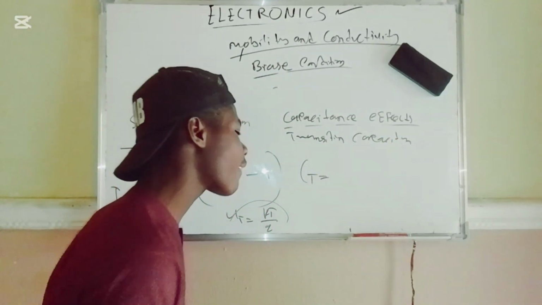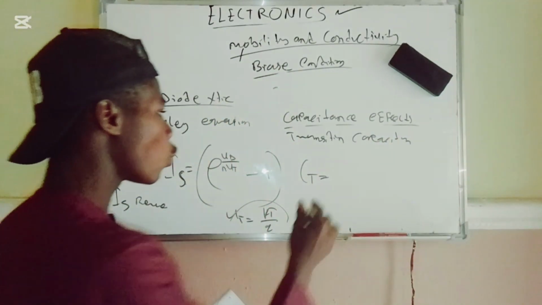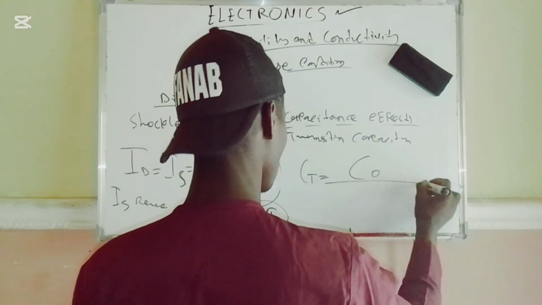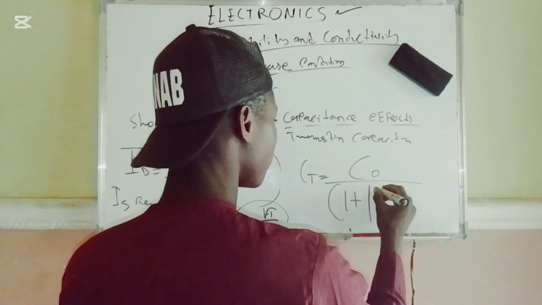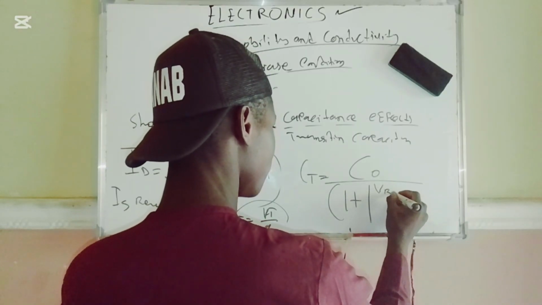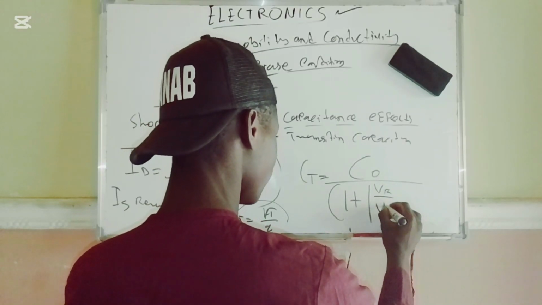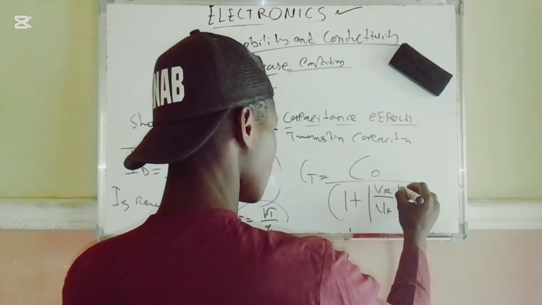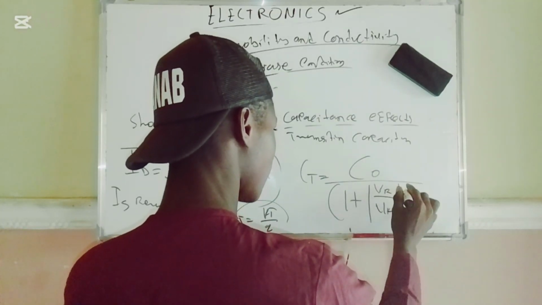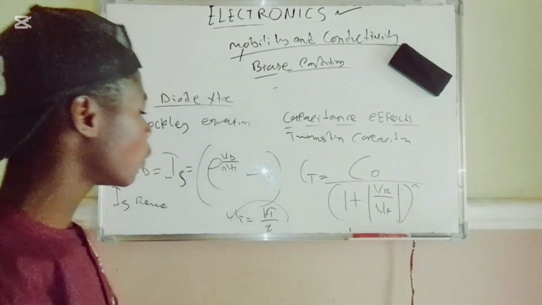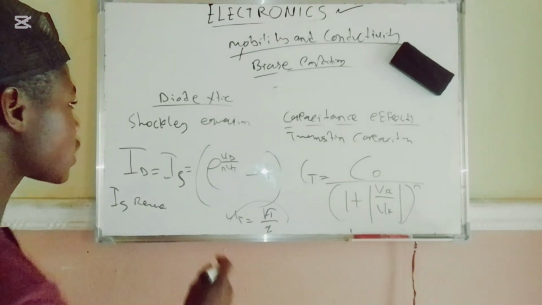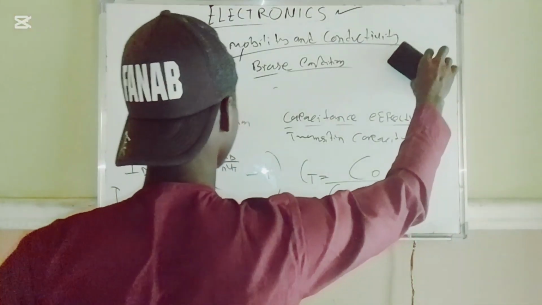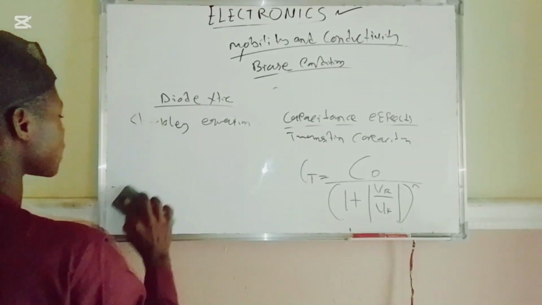This transition capacitance has its own formula, which says that the value of C naught divided by 1 plus the magnitude of VR divided by VK, all raised to the power of N. This is the transition capacitance, and this is C naught. What does C naught stand for? I think zero capacitance.